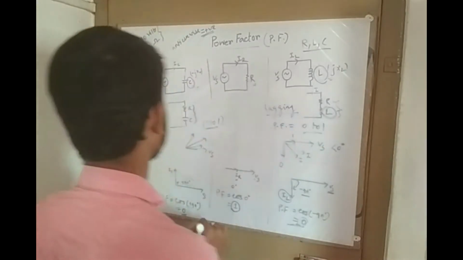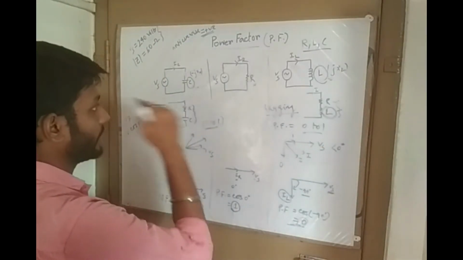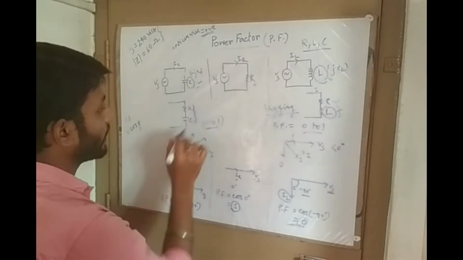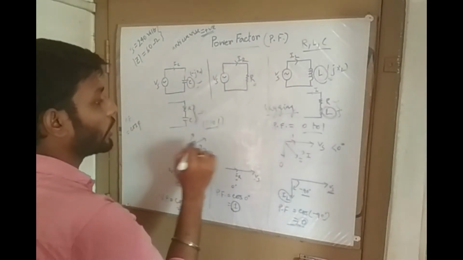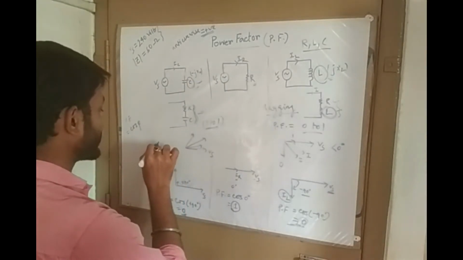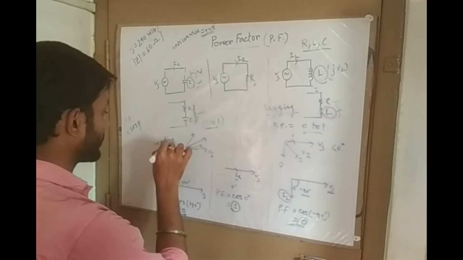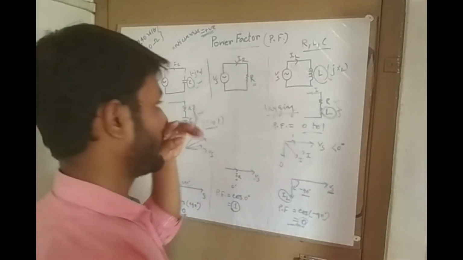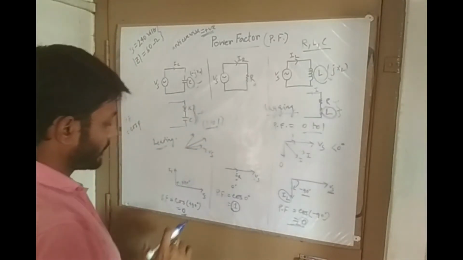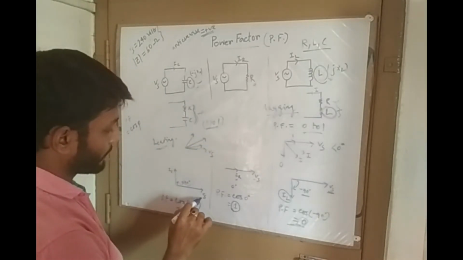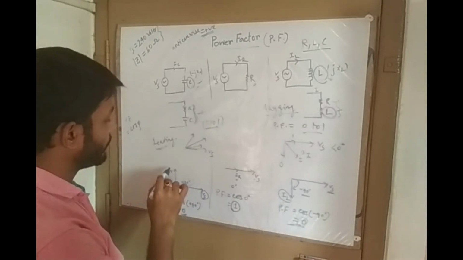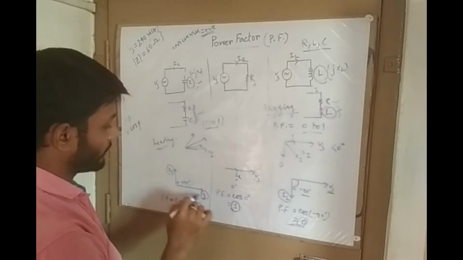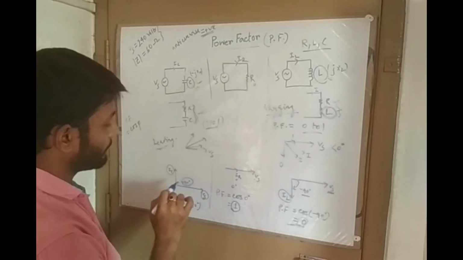Okay, and if there is pure capacitive or RC circuit, the load will be leading in nature. So always in these two types, find out the value of the angle between voltage and current.